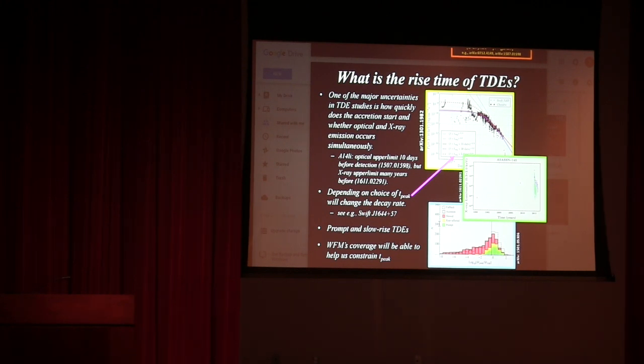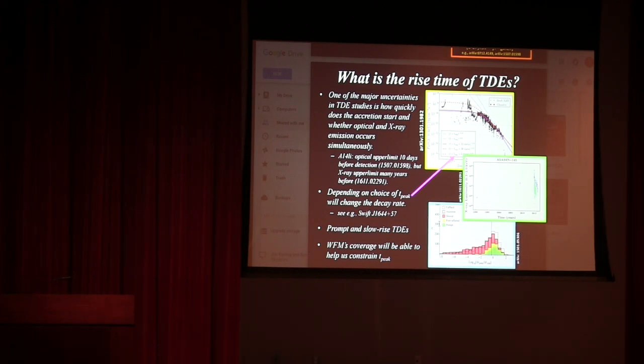But with STROBE-X observing a large fraction of the sky and accurately pinpointing transient sources, this could really help us say whether something is a very prompt event, with a sudden increase in luminosity, or a slow increase. Understanding that has important implications for understanding the underlying accretion processes.